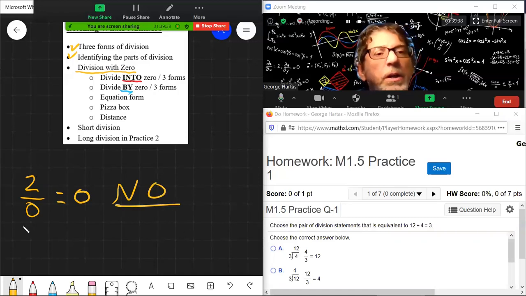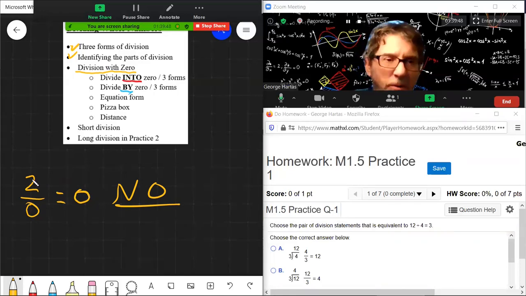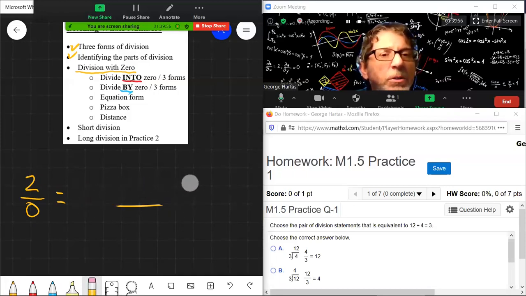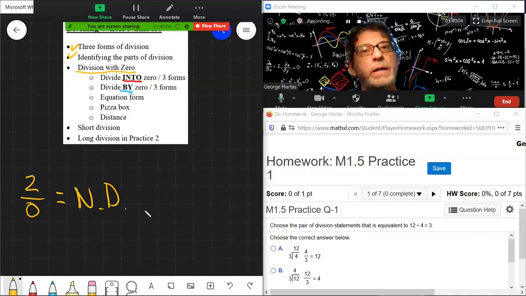No. See, when the denominator is 0, the answer cannot be 0 because 0 times 0 is not 2. It's 0, right? So this makes no sense at all. Not defined. It's not defined.